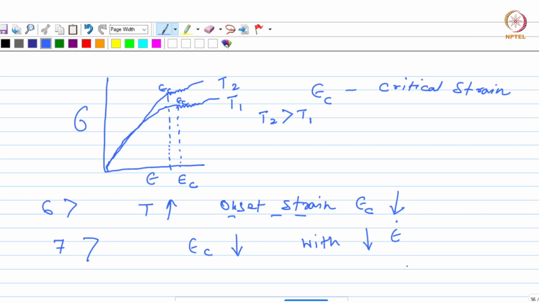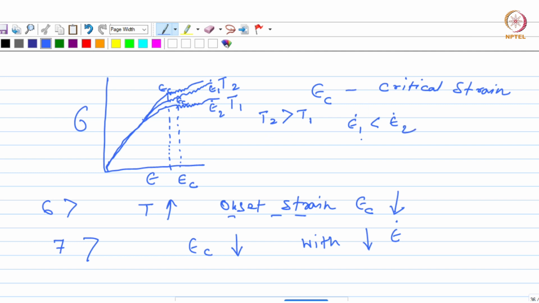Okay, so that can be shown again in this stress strain diagram. Let's say this is at strain rate epsilon dot 1 and the lower one is at epsilon dot 2. And epsilon dot 1 is lower than epsilon dot 2.